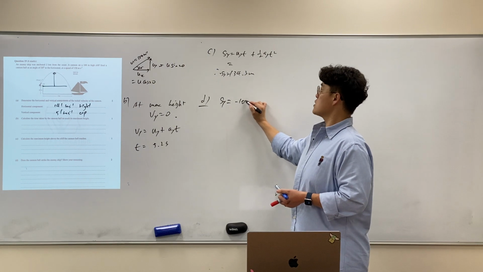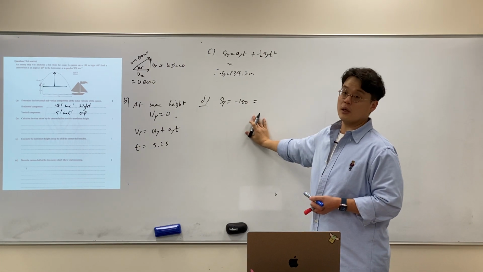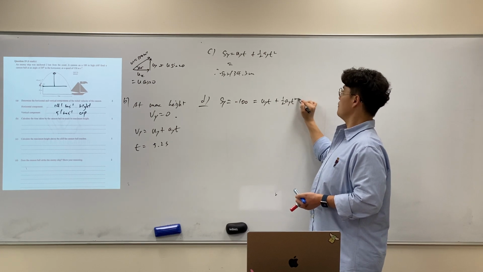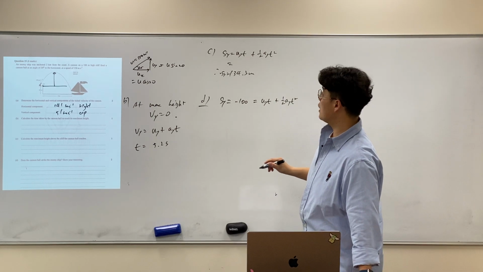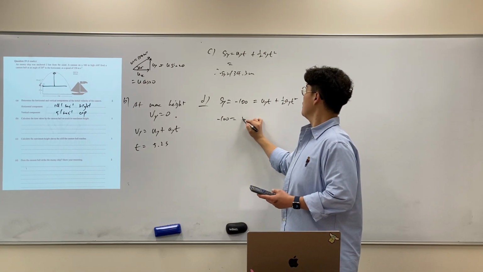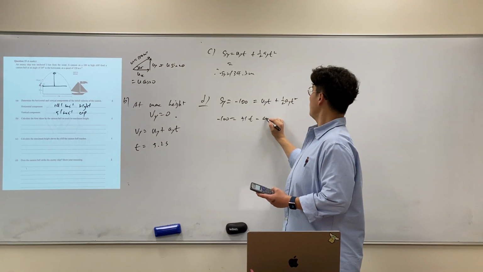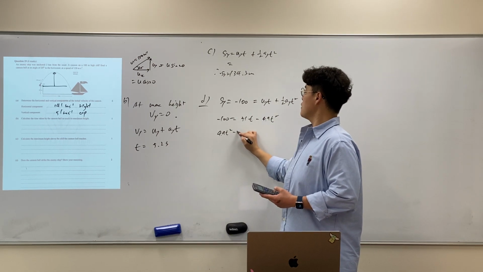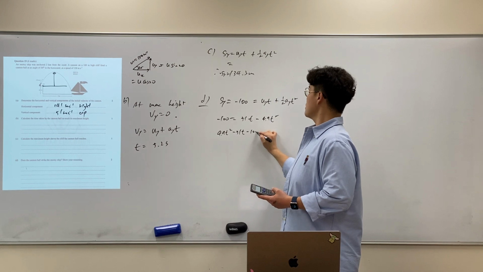There we go. This is something that you need to use. Minus 100 equals Uyt plus half Ayt squared. So use that. Got the Uy value 51, so 51t minus 4.9t squared. Move that: 4.9t squared minus 51t minus 100 equals 0.